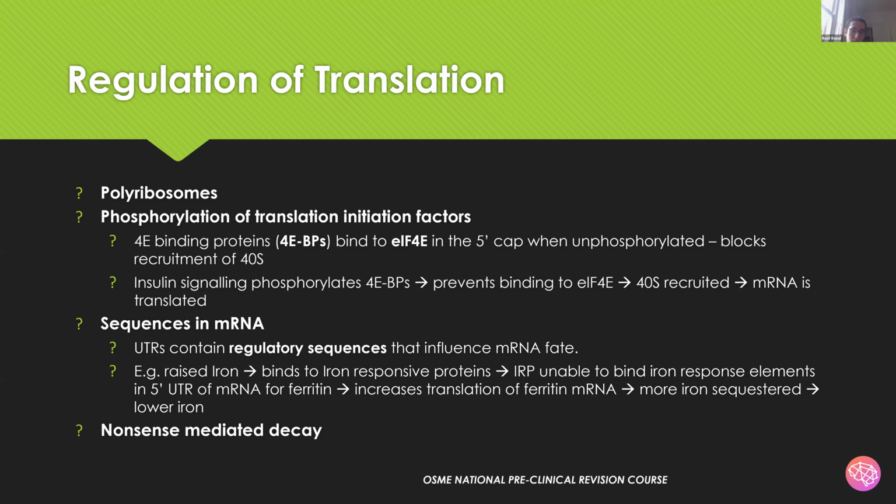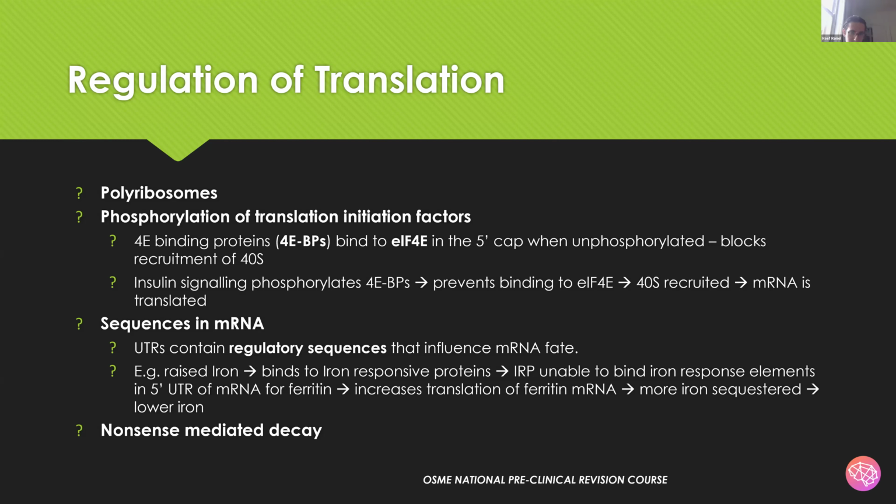Now, in a similar way, you also have regulatory sequences within the untranslated region that influence mRNA fate. For example, within the 5' untranslated region, you have iron response elements. So if iron rises, this binds to iron responsive proteins within a cell. These IRPs bind to iron response elements in the 5' untranslated region.